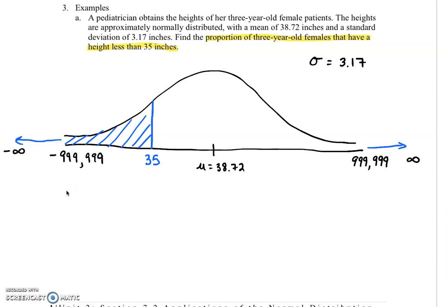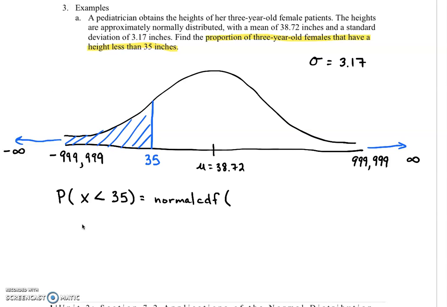So the calculator function to find this probability, the probability that x is less than, so that's a less than symbol without the equal to line, 35, we use the Normalcdf. Our lower boundary is always what's on the left.